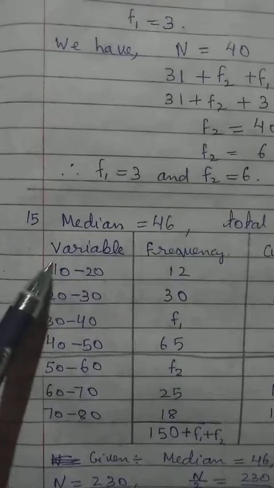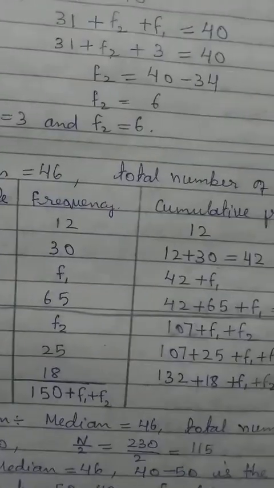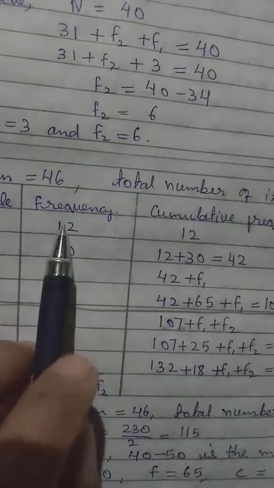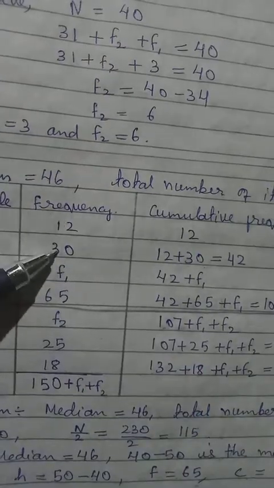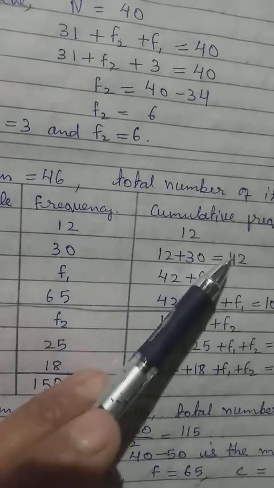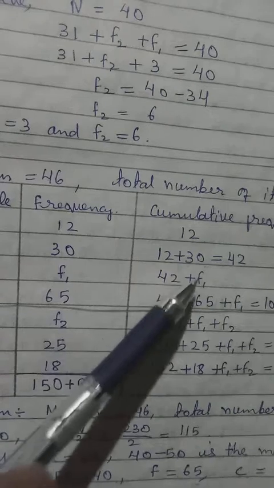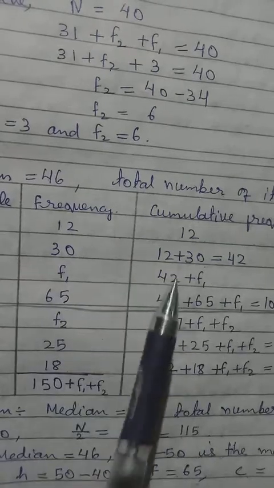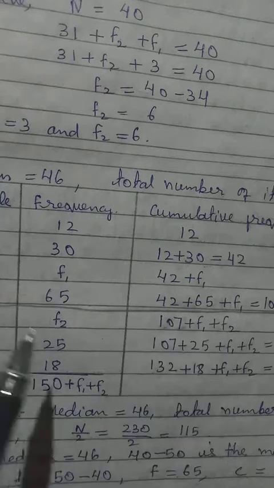Look at the class intervals, they are continuous, so we can find the cumulative frequency directly. So this is 12, remains 12. For the second one, 12 plus 30. Then there we get 42 plus F1. Number and alphabet we cannot add, leave it like that. Then next we add only 42 with 65, F1 leave it like that.